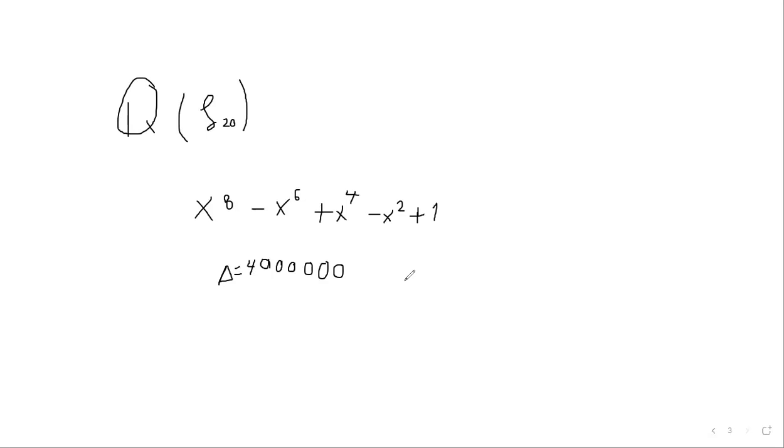But anyhow, if you take this 4 million and we plug it into the Minkowski bound, what do we get? I think it's something between 12 and 13. Between 12 and 13? Yeah. Okay, so let's say it's 13.